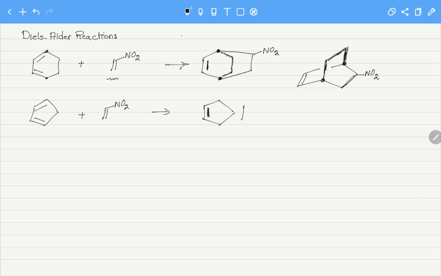And remember, the mechanism is always starting from any of the pi bonds. This goes here and this leads to the formation of this bond. And then when this opens up and hits this carbon here, this leads to the formation of the second bond. And then by pushing this to go here, this leads to the formation of a pi bond. Finally, just put the NO2 group.